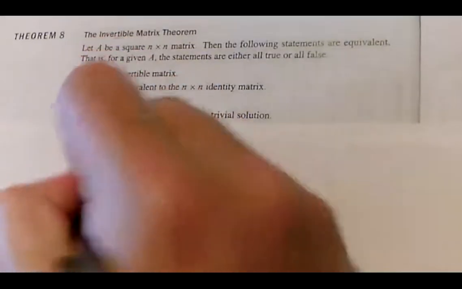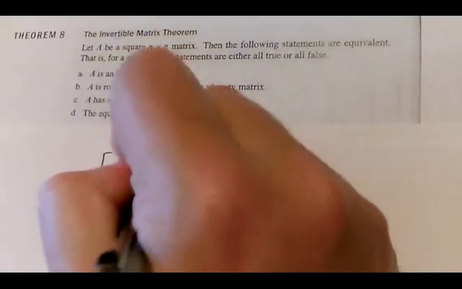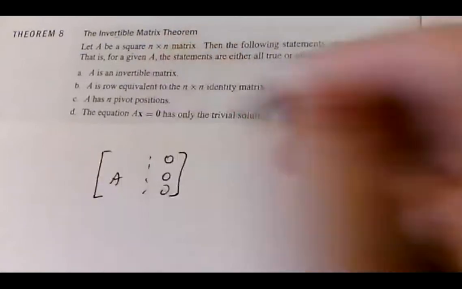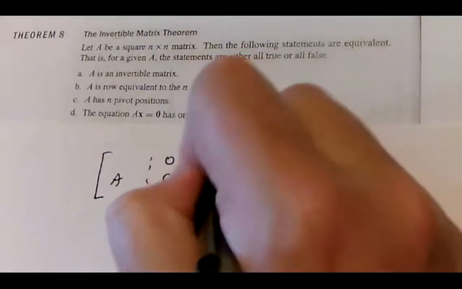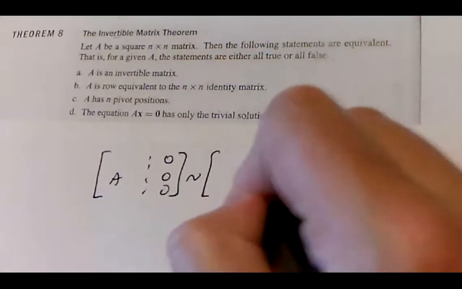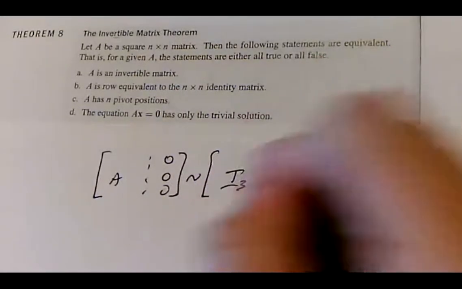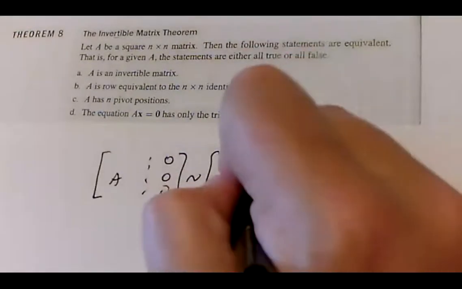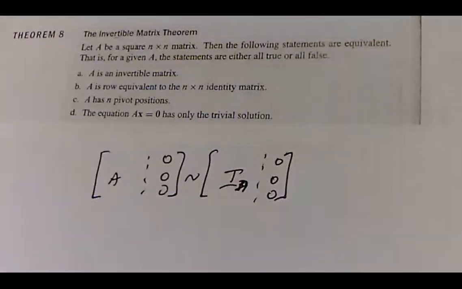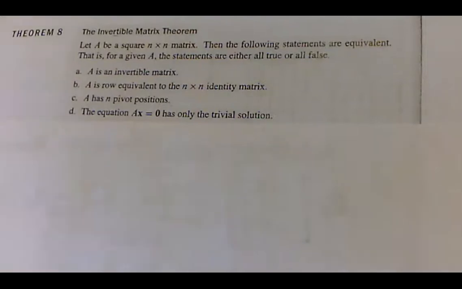I would have my matrix A augmented with zeros, and I'm going to get only the trivial solution. It's still going to be zeros on the augmented side, but that means I'm going to get the identity over here. Let me not say it's 3 by 3, it's just I_n. So only the trivial solution means that you are invertible, means you're row equivalent, have n pivot positions, get all of that together.